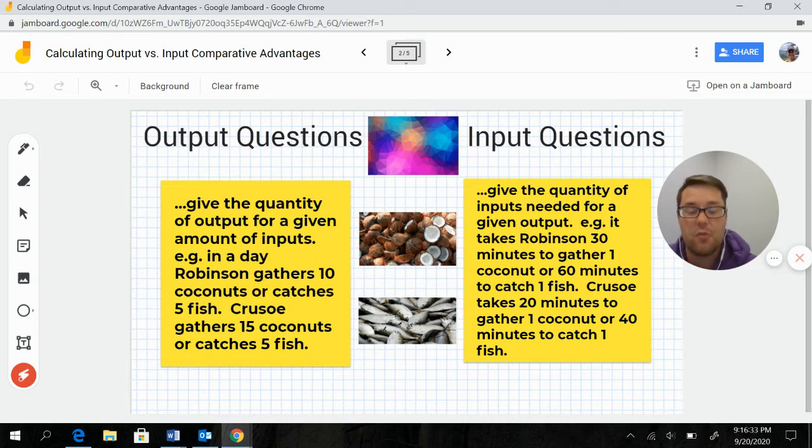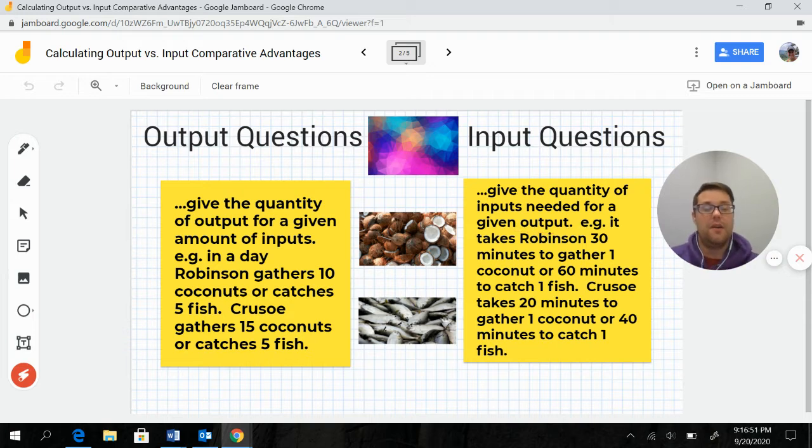Now, that is an output question, phrased in some way or given to you in a table in that sort of manner. An input question can appear to be similar, but it's different, right? It's flipped. So it gives the quantity of inputs needed for a given output.